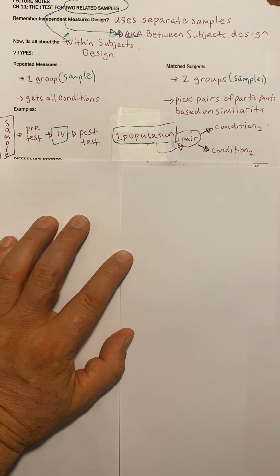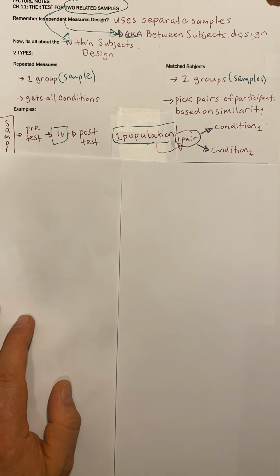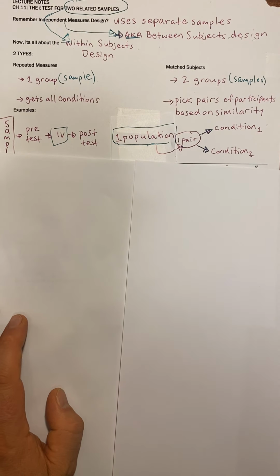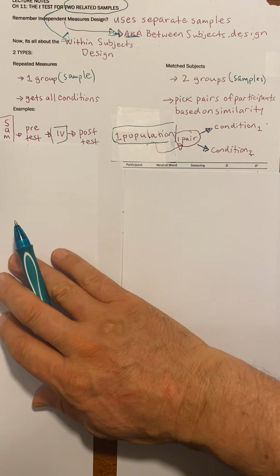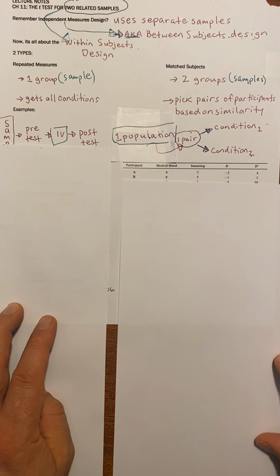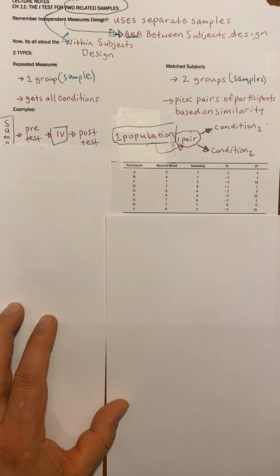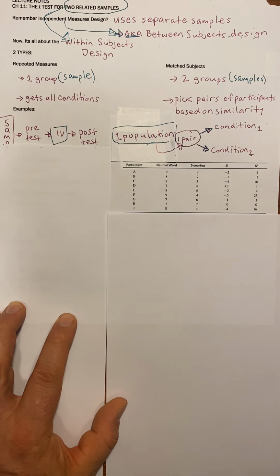Now, what's really important to get here is, when you run this type of study, what is the data going to look like? How are you going to organize the data? That's the thing I want to go over with you next. Let's say we organize it the same way we've been organizing data all semester long.